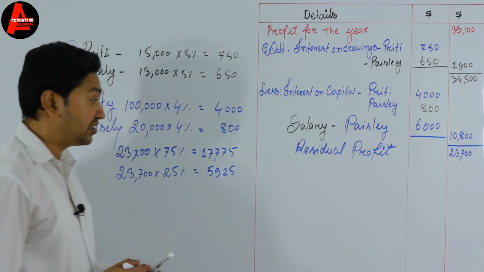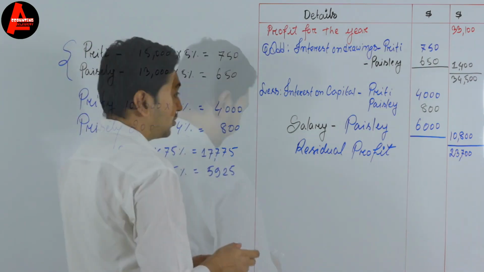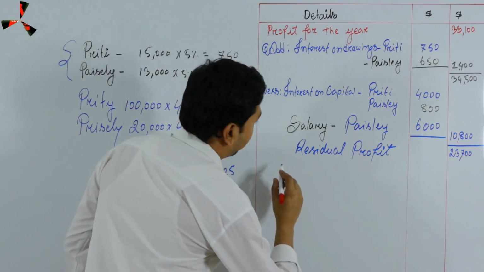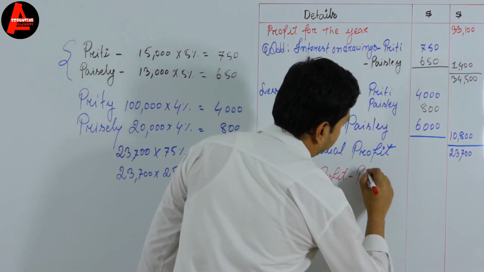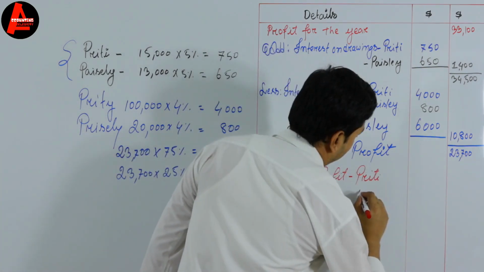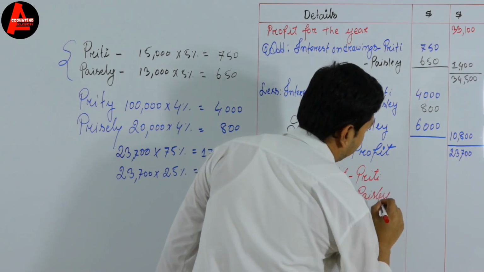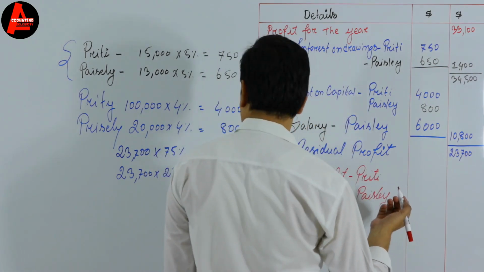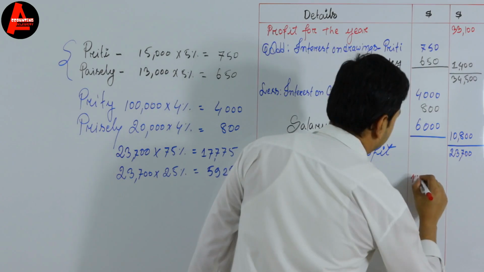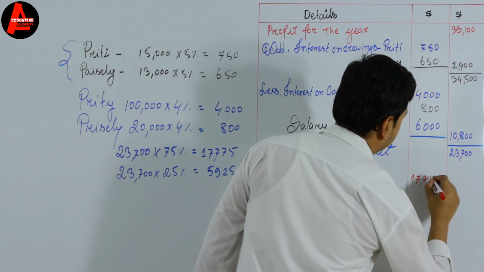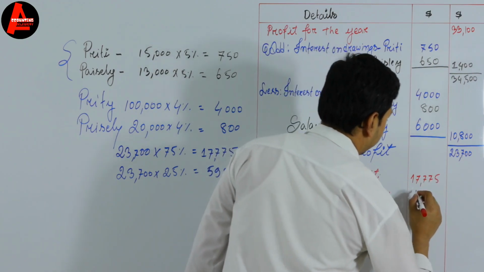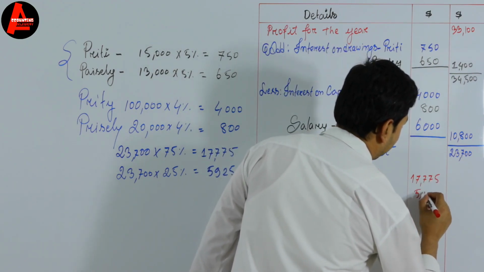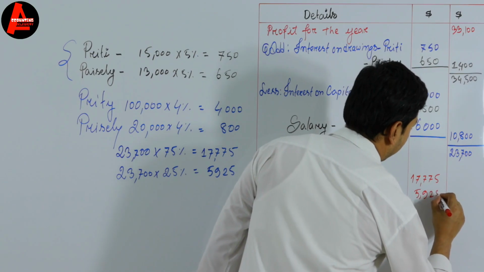So now we will share this profit here. So let us write share of profit. So here we will write Preeti and Paisley. Okay, so Preeti will receive 17,775 and Paisley will receive 5,925.